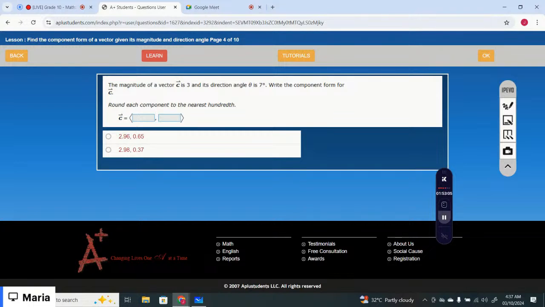So cos 7 is 0.992 multiplied by 3, that is 2.98, option number 2, right? And then you have sine 7.